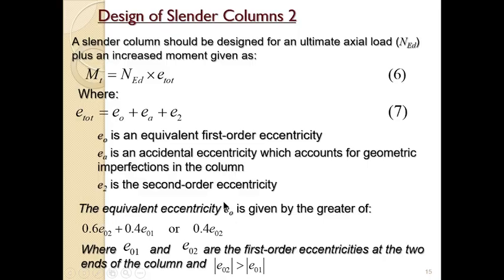Now the equivalent eccentricity e0 is given by the greater of these 2 equations, 0.6 e02 plus 0.4 e01, or 0.4 e02, whichever is greater of these 2 expressions is taken as the equivalent first order eccentricity. In this equation, e01 and e02 are the first order eccentricity at the 2 ends of the column, where e02 is greater than e01.